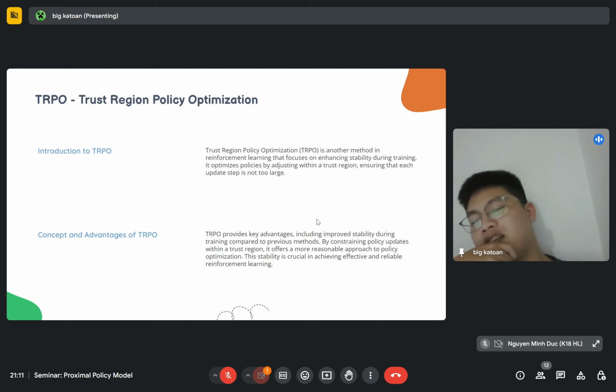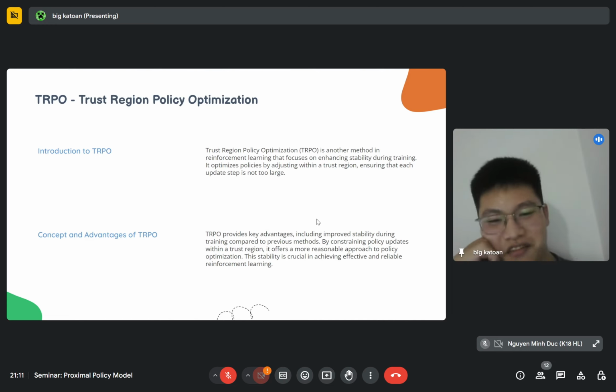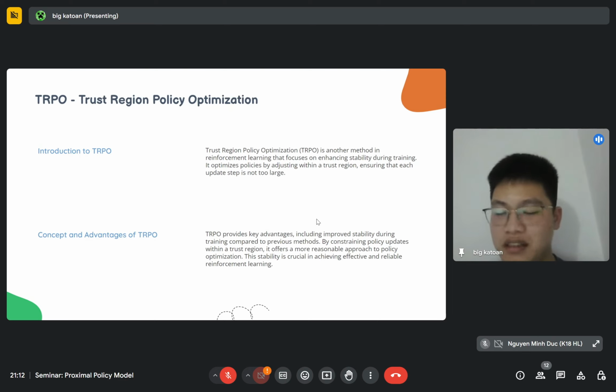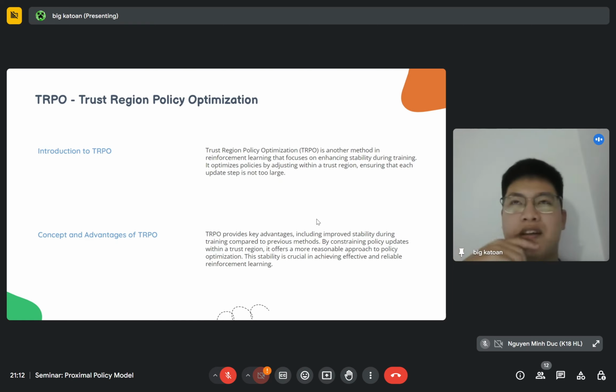Trust Region Policy Optimization is a method in reinforcement learning focused on enhanced stability during training. It's different from DQN, which has instability, but this one is much more stable in training. But it has some problems because of the math behind TRPO. The training part of TRPO is very slow and hard to understand.